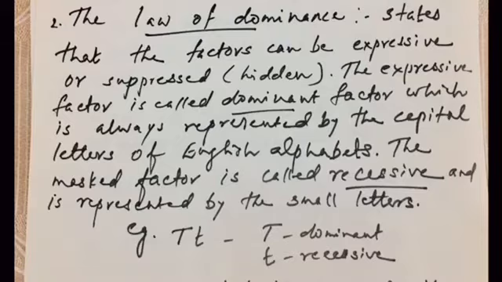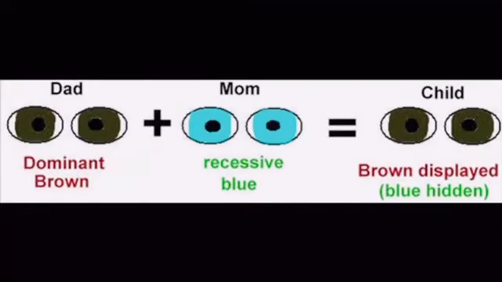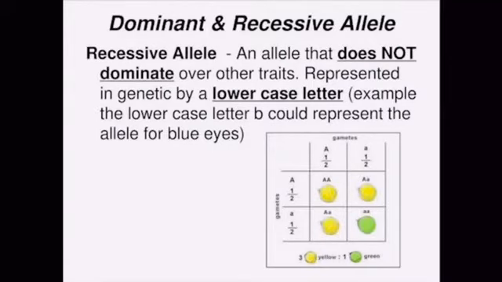He named the expressive factor the dominant factor and the suppressed one, the hidden factor which is masked by the dominant factor, recessive. And he used English alphabets to represent the factors. If a factor is taken as a dominant factor, he used capital letters for that, and the corresponding small letters he used to represent the recessive factors.